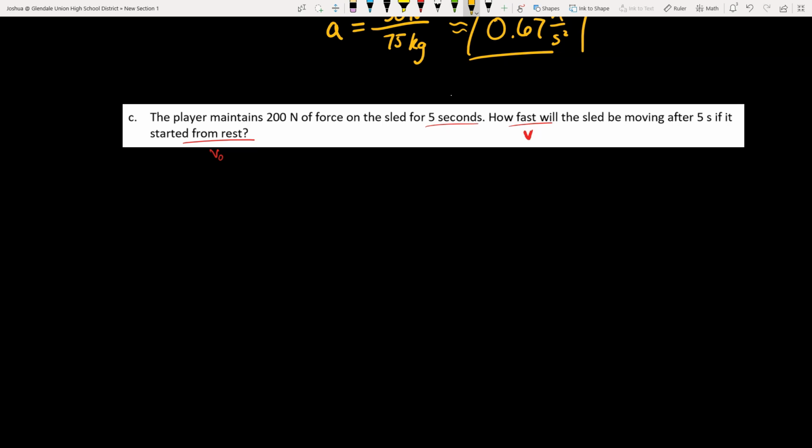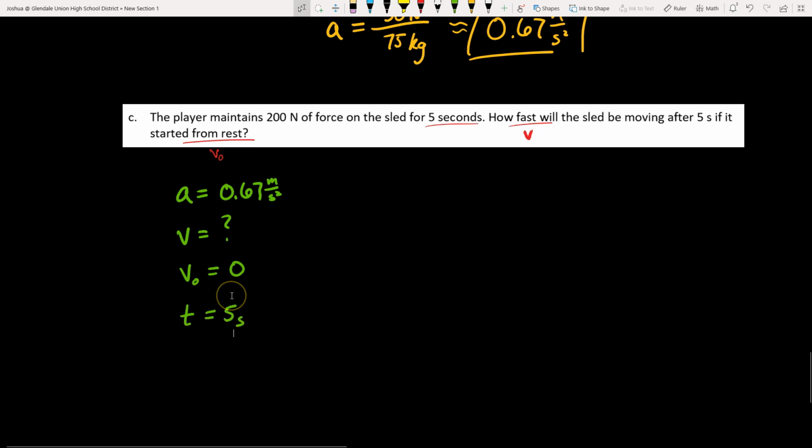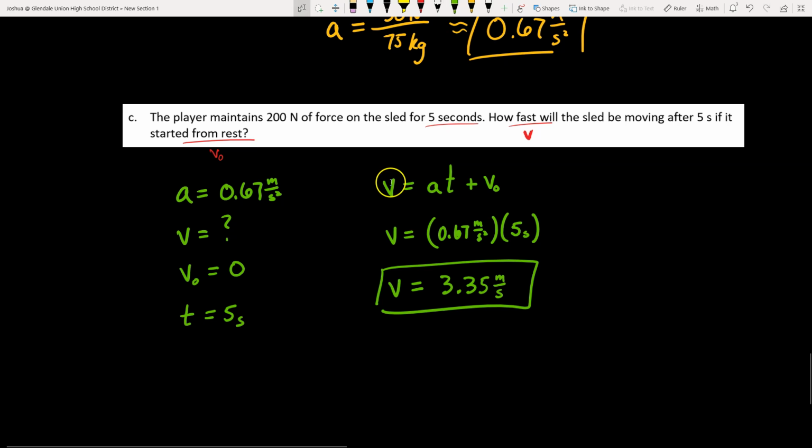So this is asking a kinematic type thing. So we know the acceleration is 0.67, and then just all of the other things. So once we have this, pick your kinematic equation. It's already solved for final velocity, and so all we need to do is plug and chug. And there you have it.